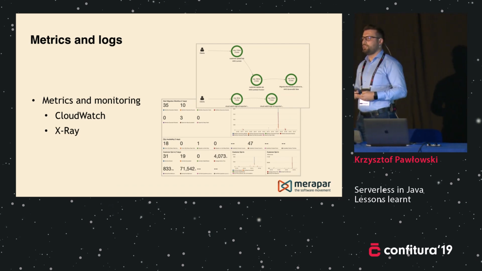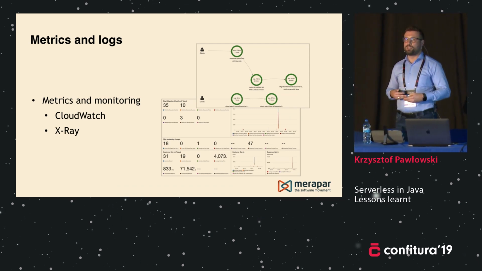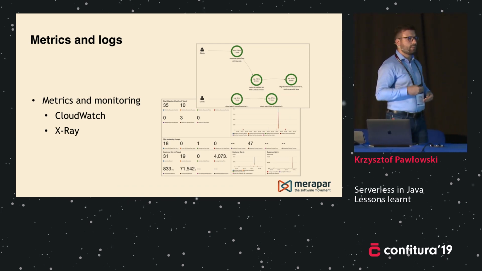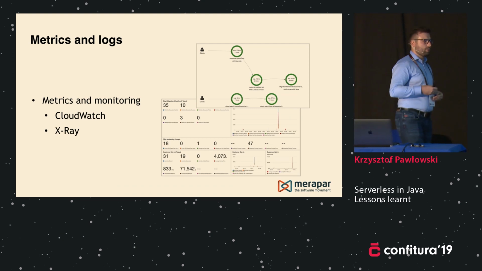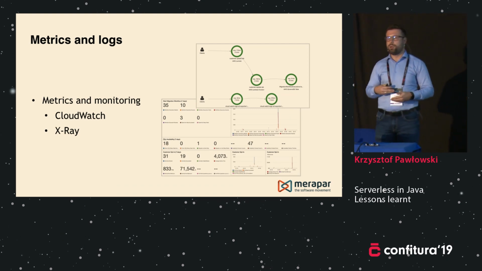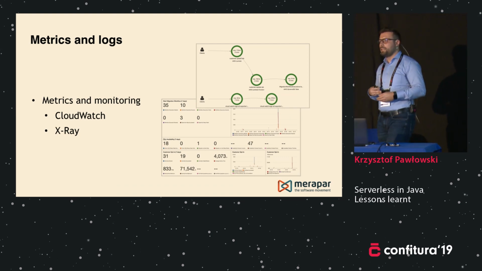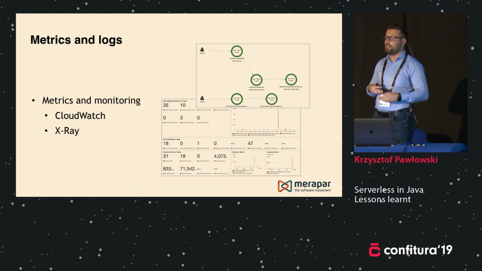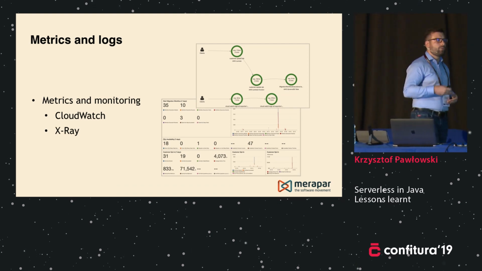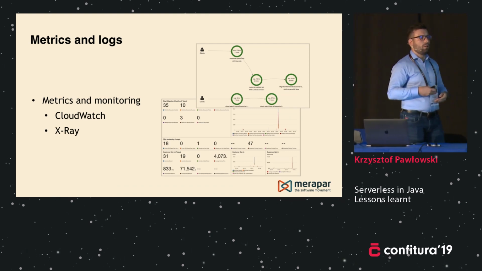Also, a really nice service is AWS X-Ray, which simply builds a map of your application, so you can see all the interactions between the AWS components that you're using. For example, our Lambda function was calling a DynamoDB database, so we can track what the interactions are, how many requests there were, and what the average time of a request was.